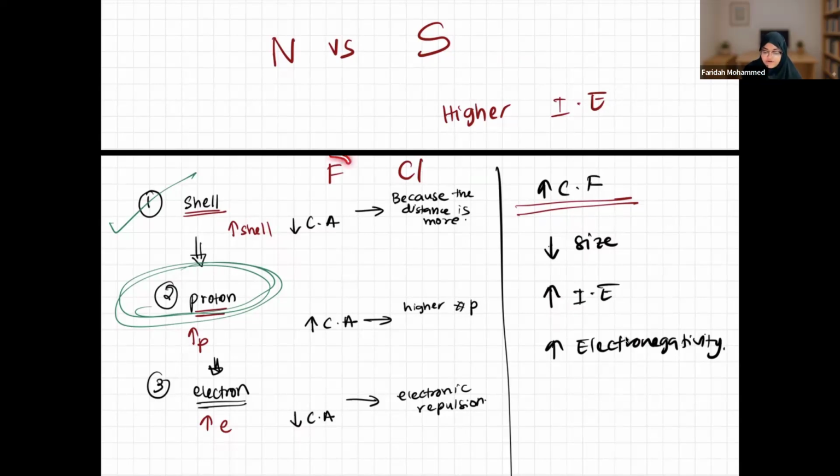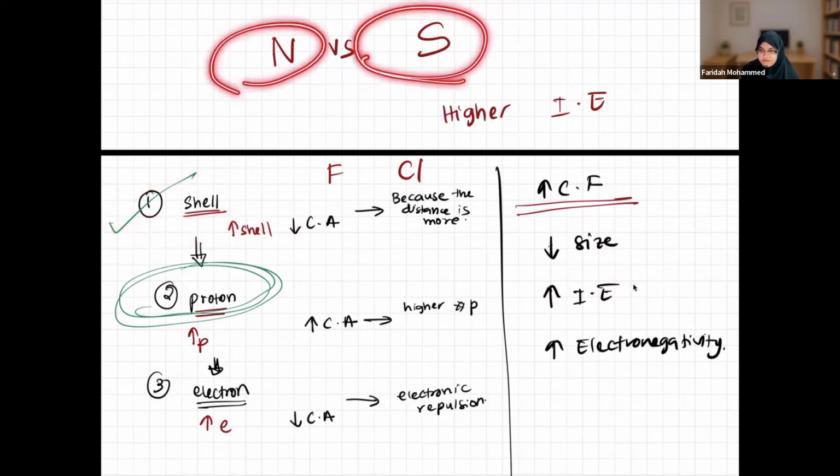Okay, Ning, let's do it together. So how do we explain nitrogen versus sulfur? Which one has higher ionization energy, you said? Nitrogen, because first we look at the number of shell. Do they have the same number of shell or different number of shell?